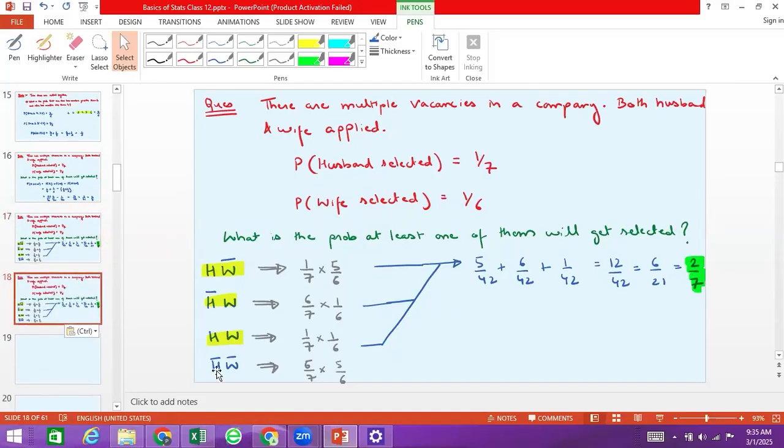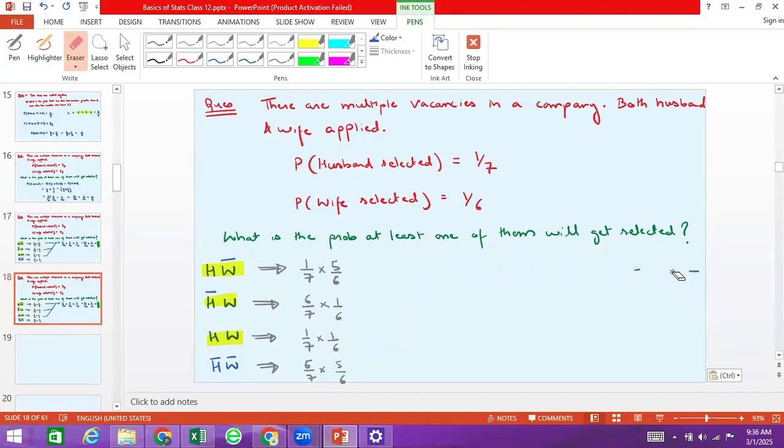My next thing was, let's say I have multiple possibilities and I don't want to do addition, subtraction, and all of that. Instead, I can just use the complement rule and say the probability is 1 minus the probability of husband not getting selected and wife not getting selected.